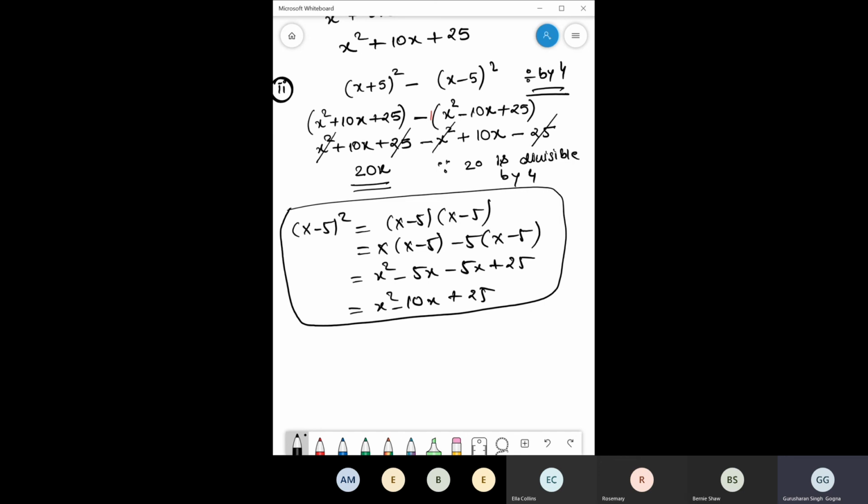But always divisible by 4 means whatever you get using the x value, that answer will be divisible by 4 because you have 20, isn't it? So if you use 20 and x value as, let's say, 5, doesn't matter, but this will be divisible by 4 because 20 is divisible by 4. Okay, so this kind of questions they can ask you.